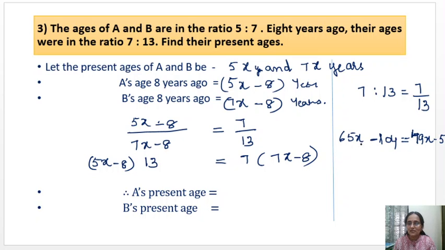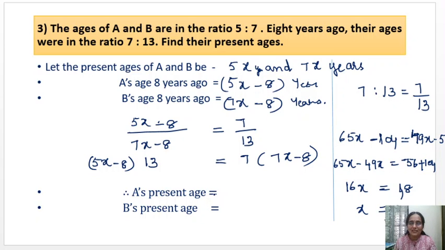Collect the like terms. 65x minus 49x equals minus 56 plus 104. It is 16x equals 48. x equals 3.